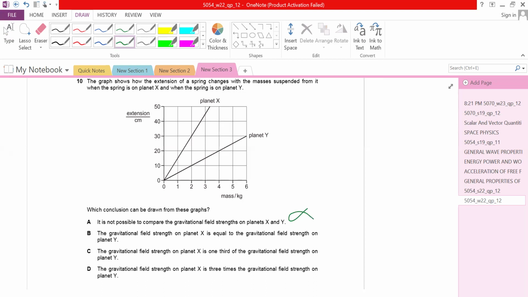No, this option is incorrect. The gravitational field strength on planet X is equal to planet Y. No, if it were equal, the graph would be like this, with the X and Y graphs on the same line. The gravitational field strength on planet X is one third of the gravitational field strength on planet Y. Or the gravitational field strength on planet X is 3 times the gravitational field strength on planet Y.